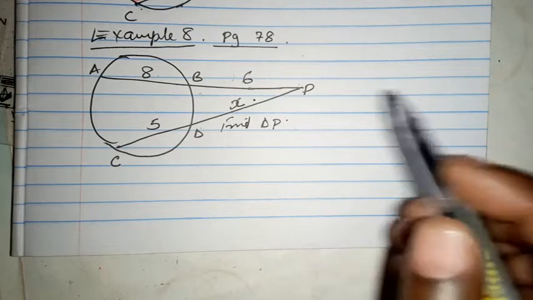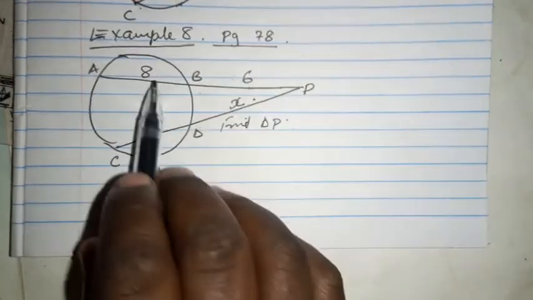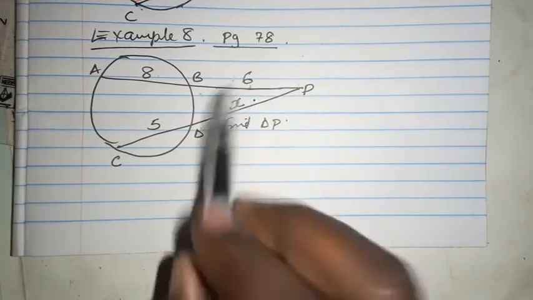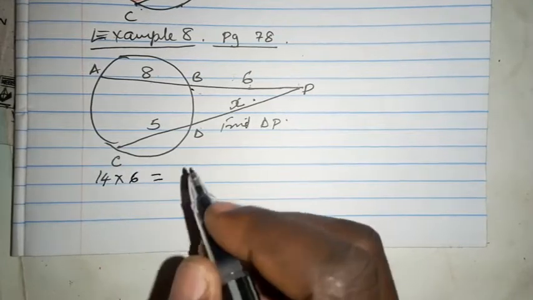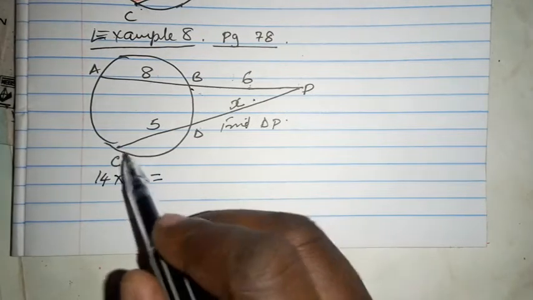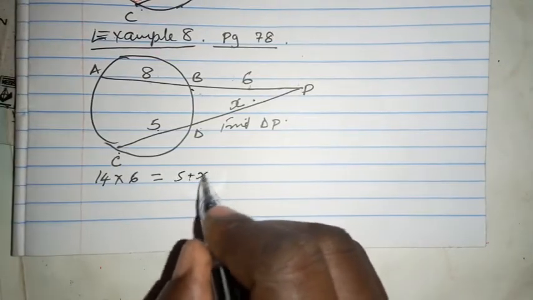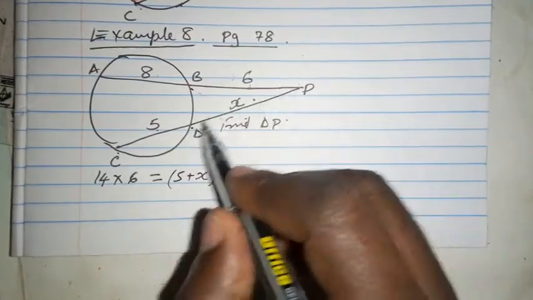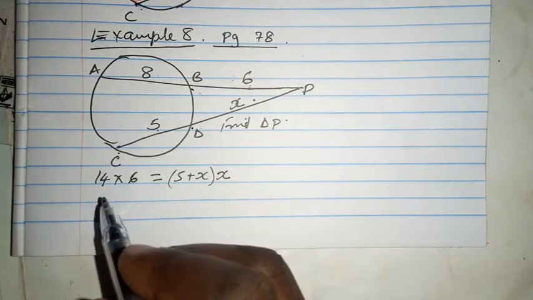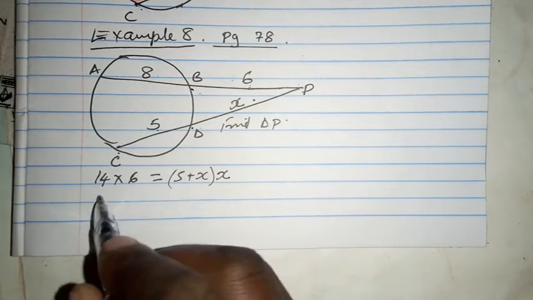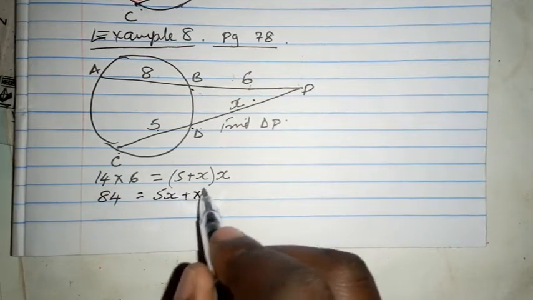According to externally intersecting chords, AP, which is 8 plus 6, which is 14, times the external part of the same chord, 6, is equal to CP, which is 5 plus x, multiplied by the external part of that chord, which is x. 14 times 6 is 84, equal to 5x plus x squared.